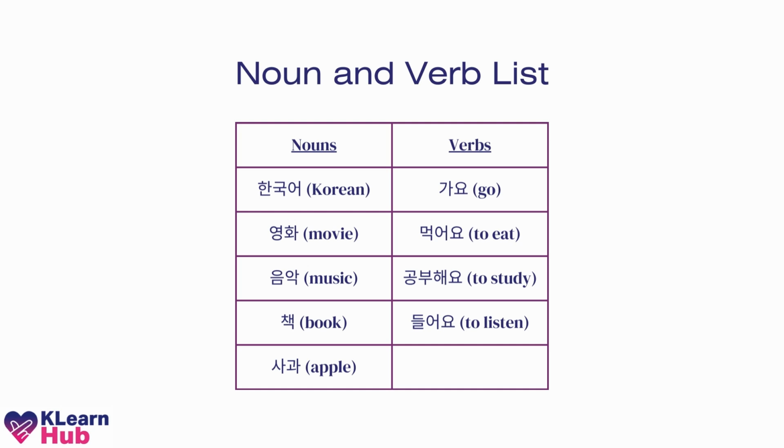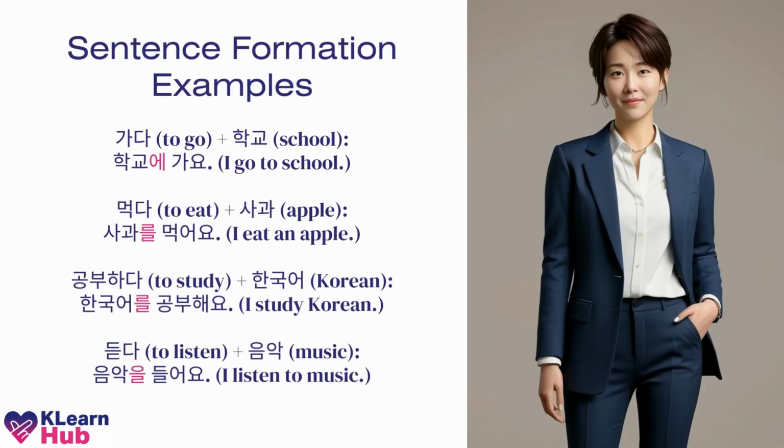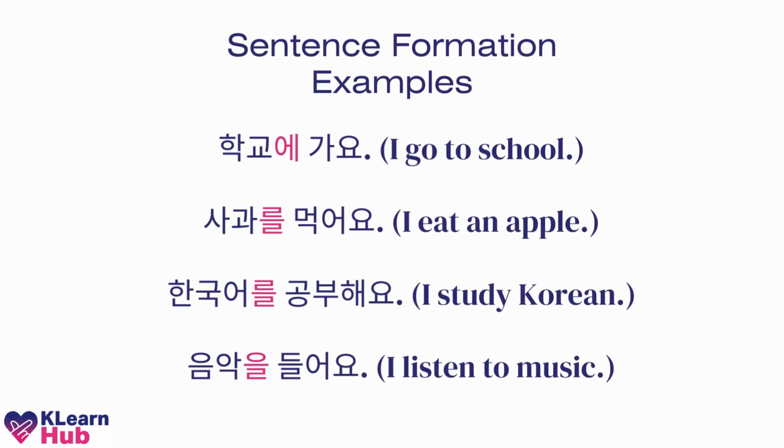And here are the verbs we'll be using. 가요, 먹어요, 공부해요, 들어요. Let's see some example sentences using these nouns and verbs, along with the particles we've learned. 학교에 가요. 사과를 먹어요.